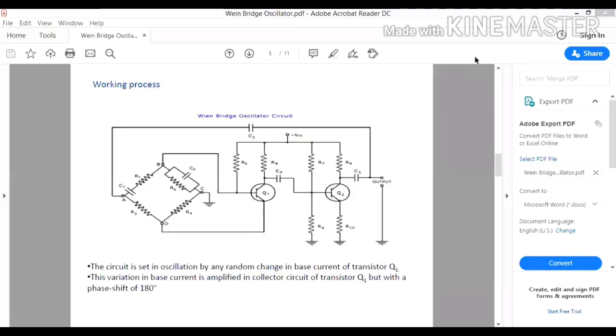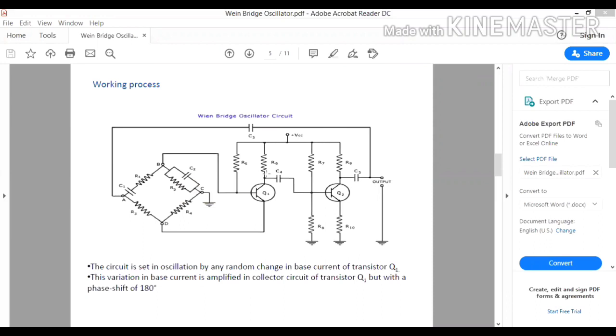Now, let's discuss the working principle of the Wein bridge oscillator. As you can see in the diagram, by applying the DC supply, the circuit starts an oscillation from any random change in the IB current. The variation of IB is amplified in the collector circuit with a phase shift of 180 degrees.